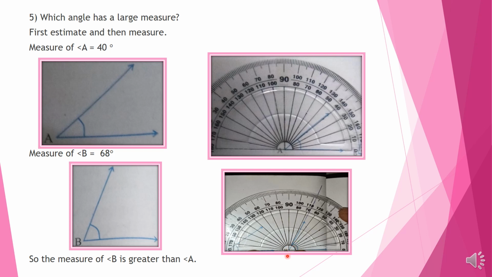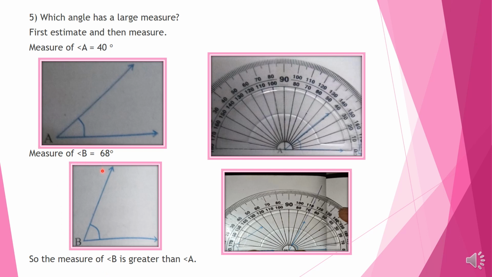This is the first arm, the vertex point is here, and the second arm is under the protractor. See which mark it is touching. It is between 60 and 70, not on 70. At this division it is 68: 65, 66, 67, 68. So the measure of angle B is equal to 68 degrees.